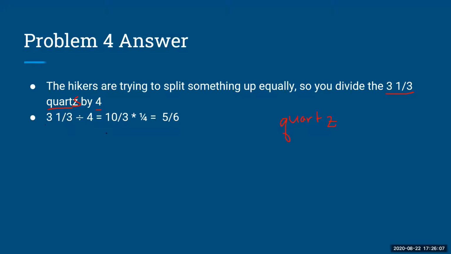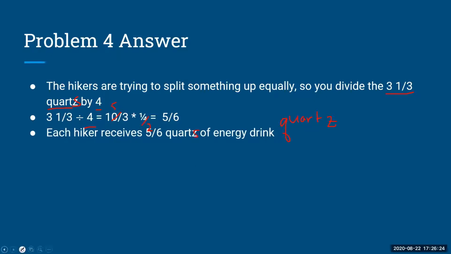So 3 1/3 divided by 4 is 10/3 times 1/4, because the reciprocal of 4 is 1/4, and you multiply. So it's 5/6, because you can reduce: 5 to 2, 3 times 2 is 6, 5 times 1 is 5. So each hiker receives 5/6 quarts of energy drink.